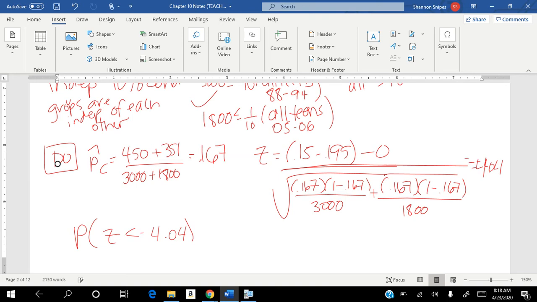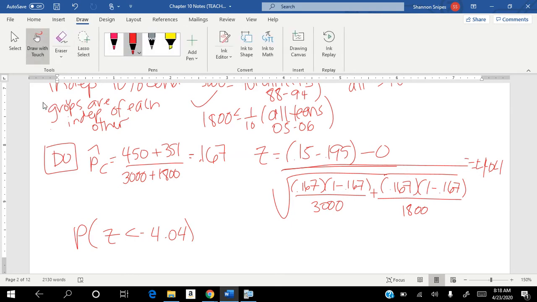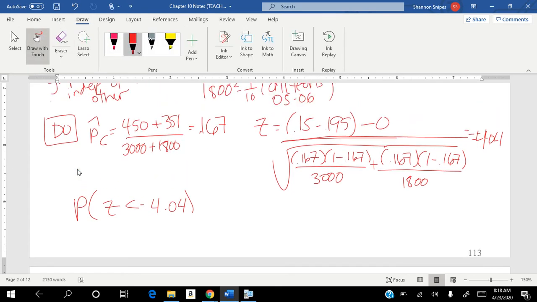So if we draw that, wow, that's way too big. Oh, and it's on the wrong side too.